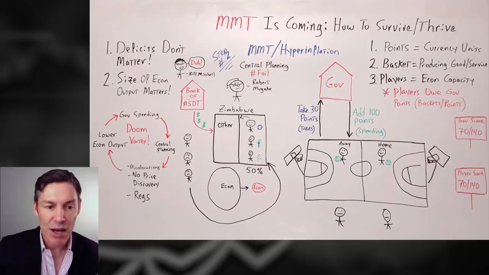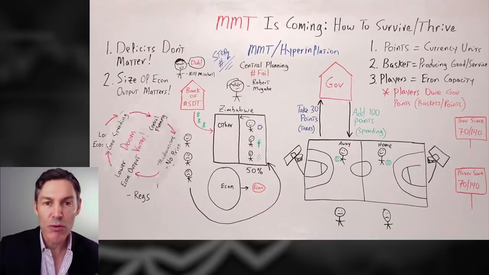This, in and of itself, will create lower economic output. And then the solution they have for lower economic output, of course, is more government spending, which takes us right back into this doom vortex.